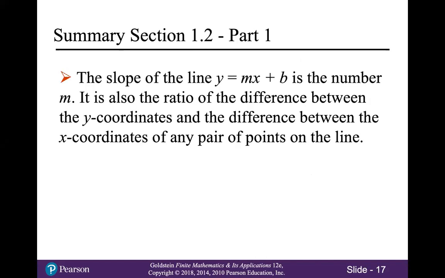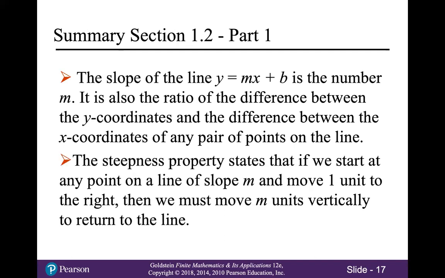All right, so summary. The slope of the line y equals mx plus b is the number m. It is also the ratio of the difference between the y coordinates and the difference between the x coordinates for any pair of points on the line. The steepness property states that if we start at any point on a line of slope m and move 1 unit to the right, then we must move m units vertically to return to the line.